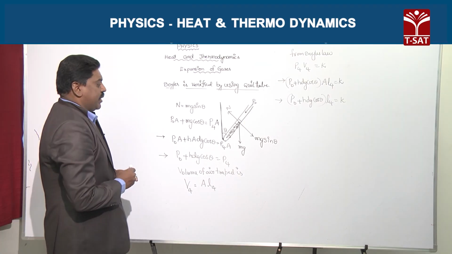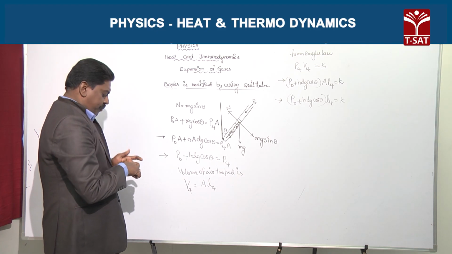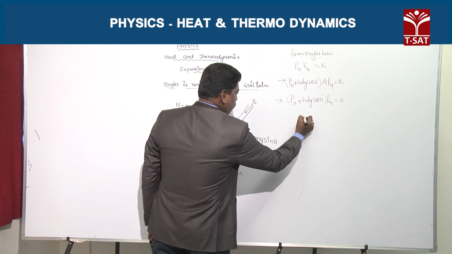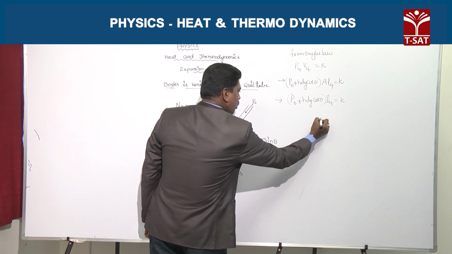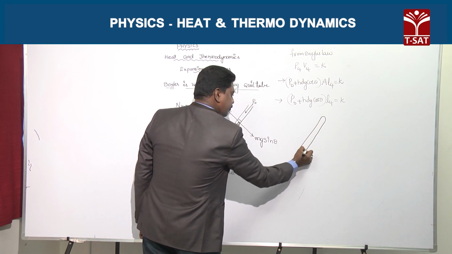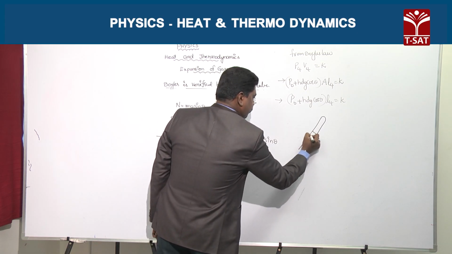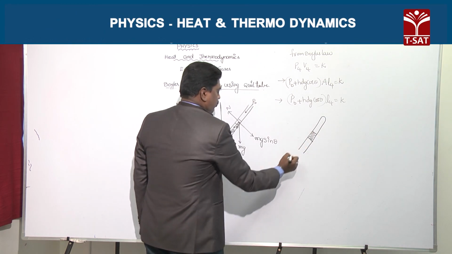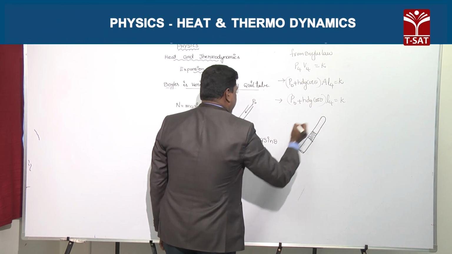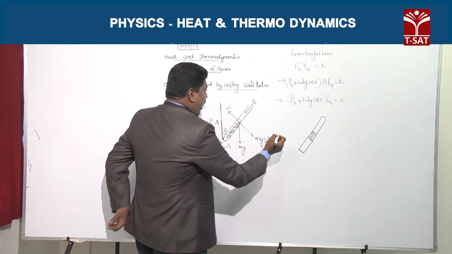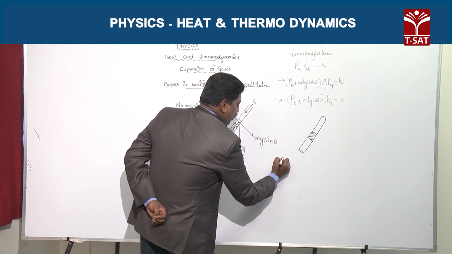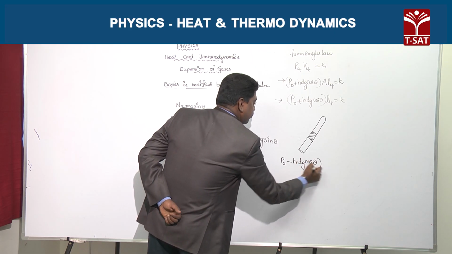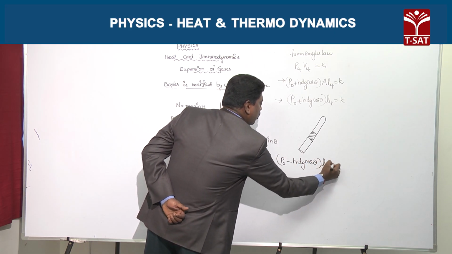The same thing happens when the capillary tube is reversed, making an angle with the vertical. In that case, what we get is P naught minus h d g cos theta into L4 equal to constant.